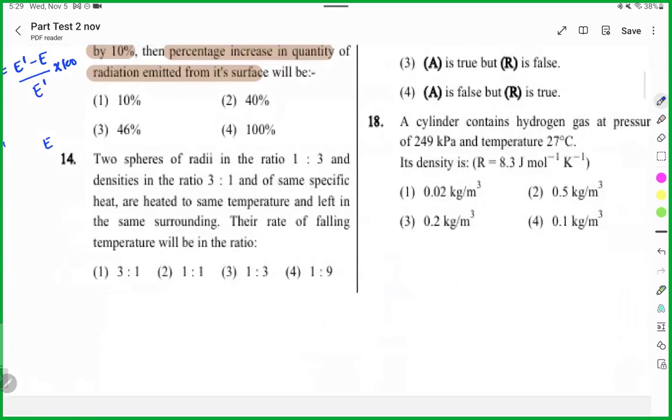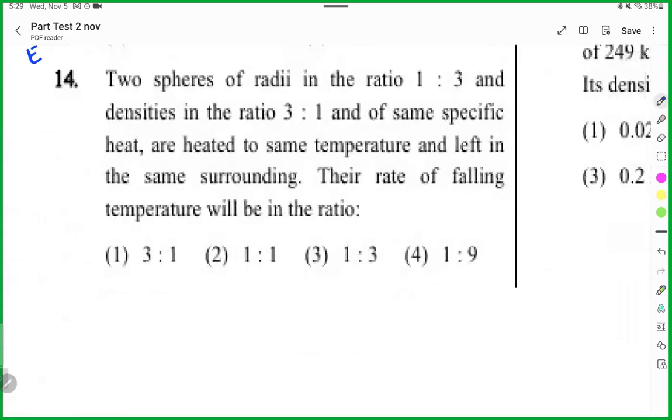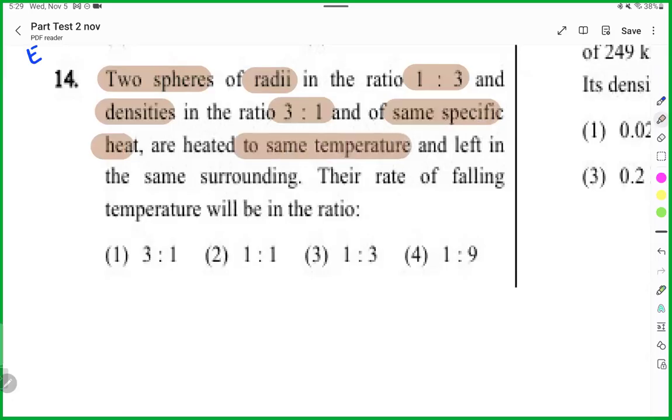Question number 14, so a directly repeated question. Two spheres have radii ratio this and density ratio this, and the same specific heat, are heated to the same temperature, delta T value is also there, left in the same surrounding.